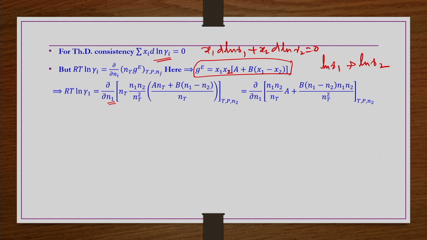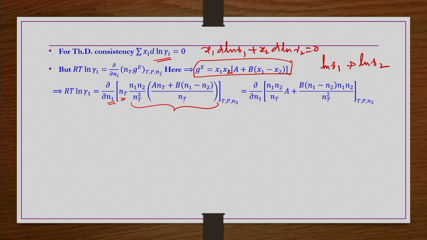So, RT ln gamma 1 is dou by dou N1 of Nt Ge, and for Ge we have x1 x2 terms, which we write as N1 by Nt and N2 by Nt. The parenthesis term is A plus B multiplied by N1 minus N2 by Nt.